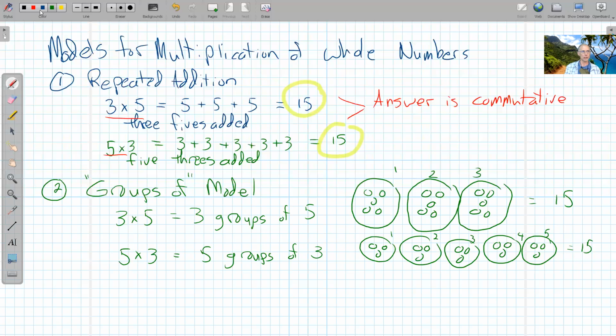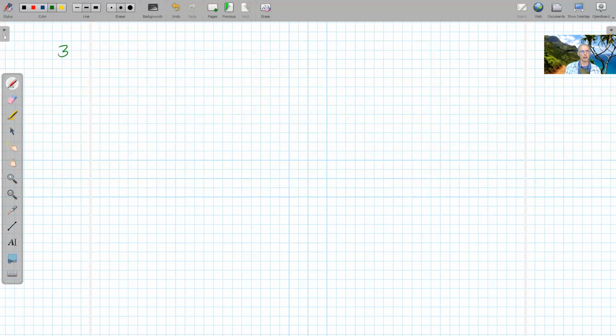Some of the other ones, the area model, and with the area model, multiplication is the base times the height of an area.